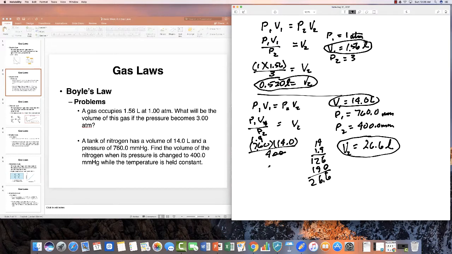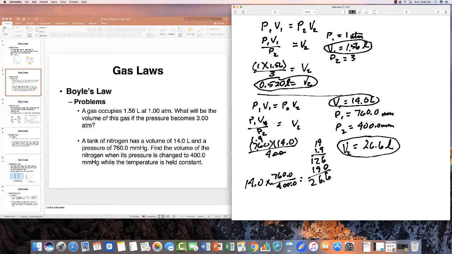Another way to check it is, you're starting out with 14 liters, and you're going to multiply that by a fraction. Since the pressure's going down, the volume has to go up, so you have to multiply it by a fraction that will increase the volume.